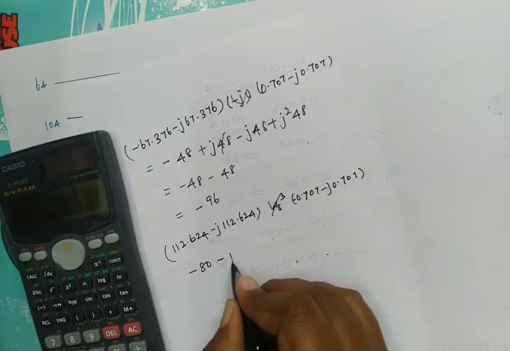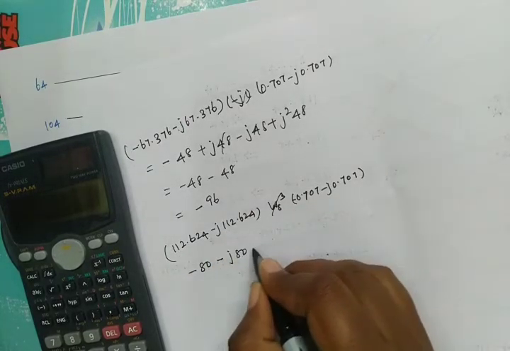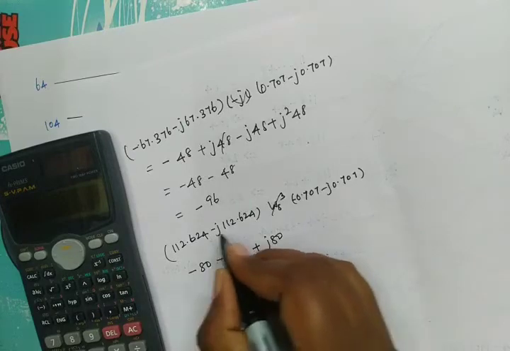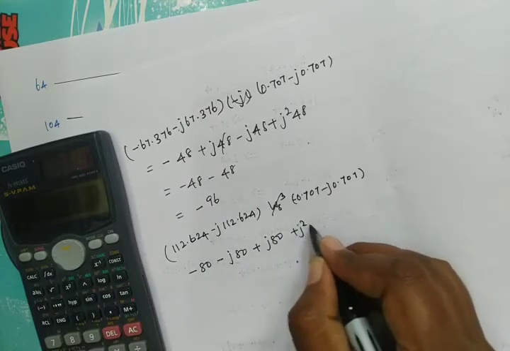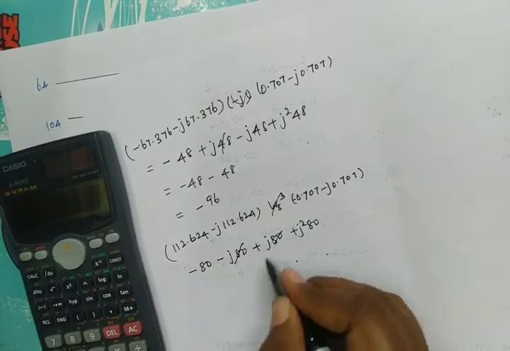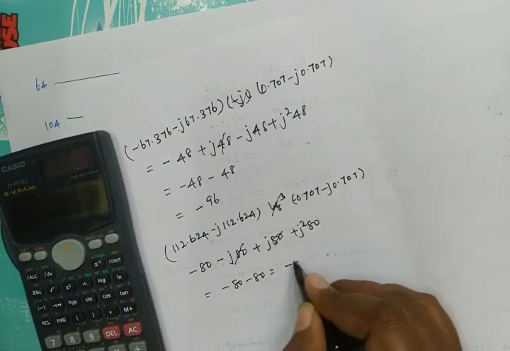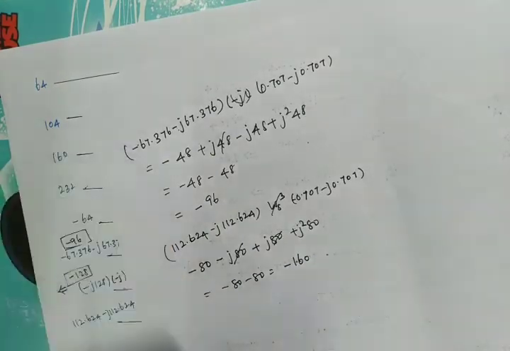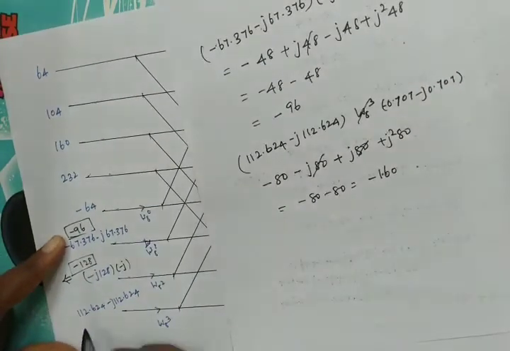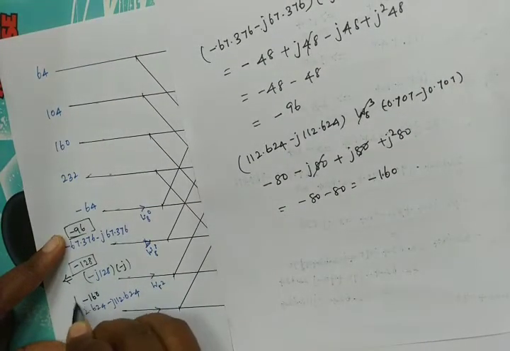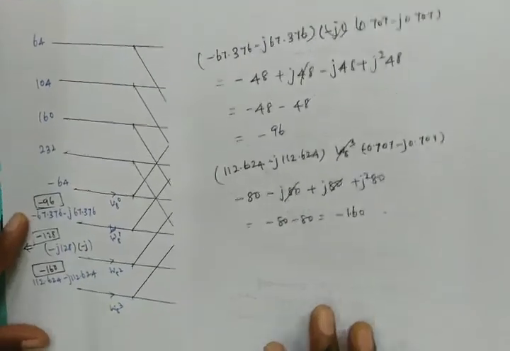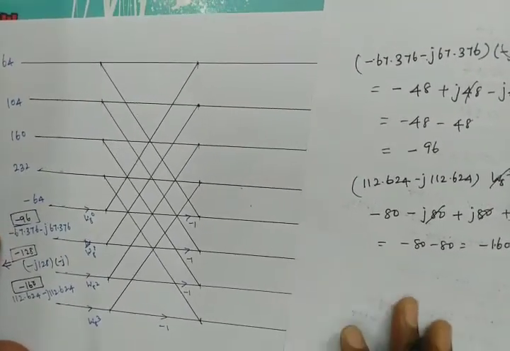Then minus j 80. Here it is minus into plus j 80. And here we have minus minus plus j square 80. Minus plus cancel. So minus 80, minus 80, which is equal to minus 160. So this is what we have to represent here. That is minus 160. So we must use this minus 160 here.